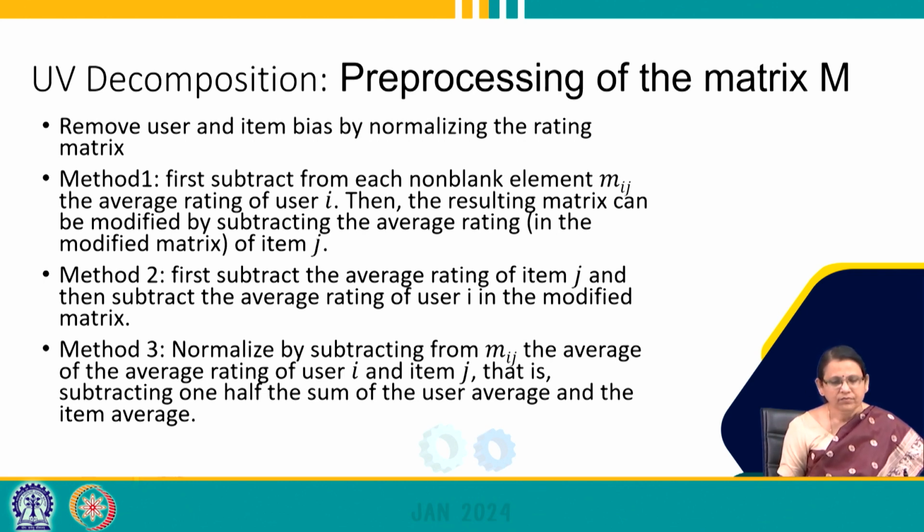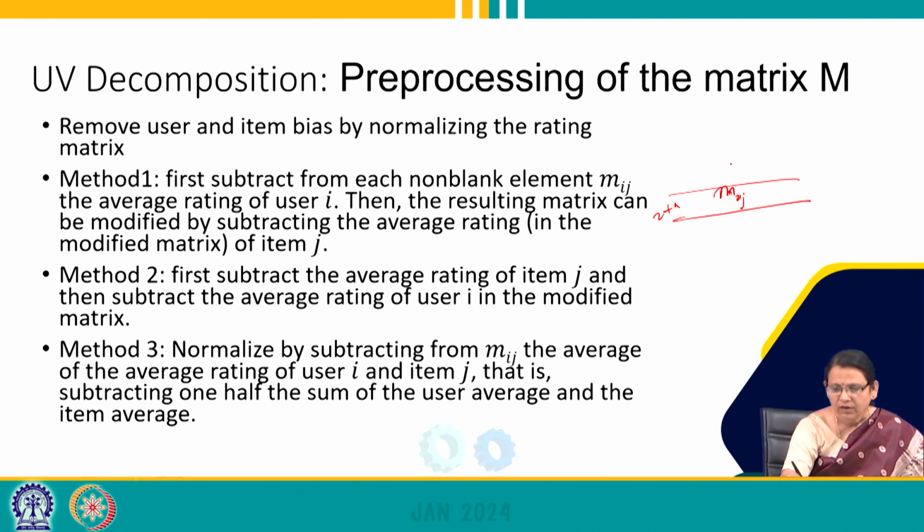So, first of all, we can subtract from each entry the average rating of user i followed by the average rating of item j. So, when we have a certain rating M i j, it is a part of the ith row and jth column.